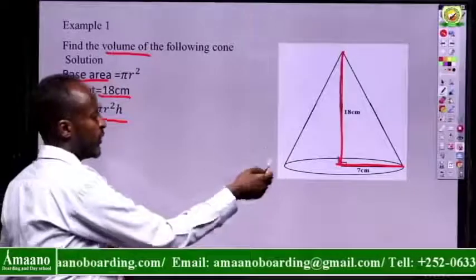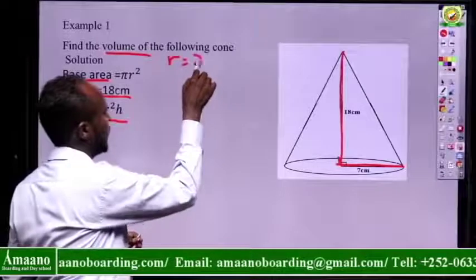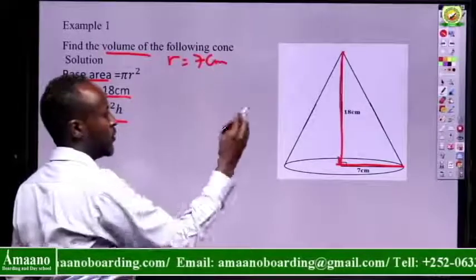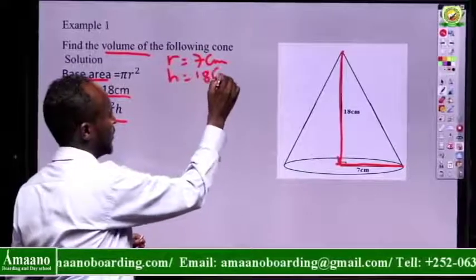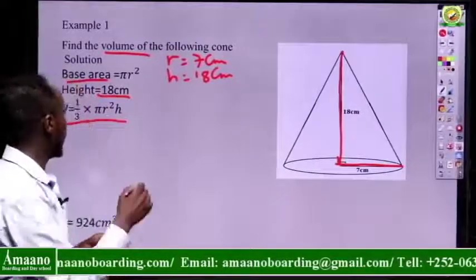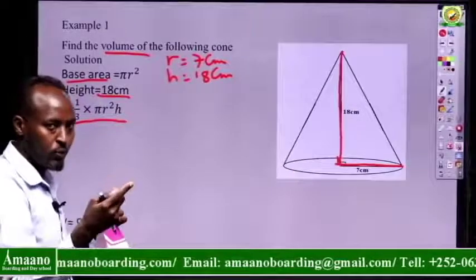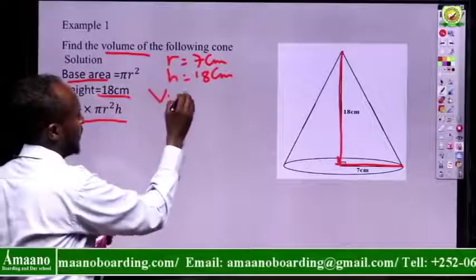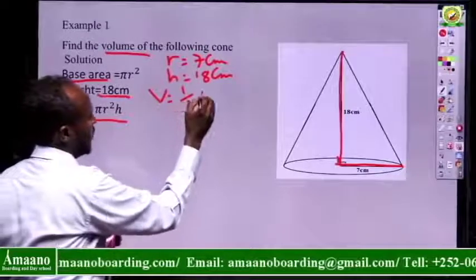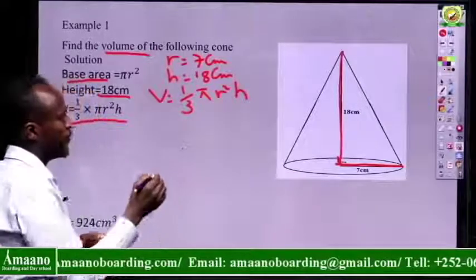Okay, what are we given? The radius is given. r is given as 7 centimeters. Also, we are given h, which is 18 centimeters. We can find the area of the base first, then multiply it by 1/3 and the height. Or we can use this formula: V is 1/3 pi r square times h.